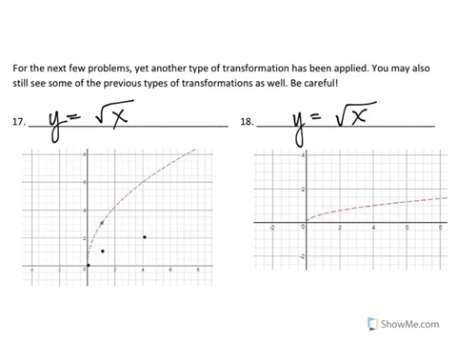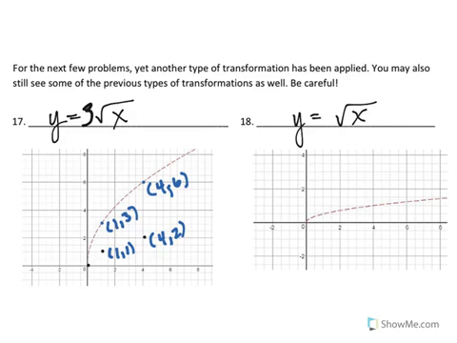And instead of going over 4 and up 2, we're going over 4 and up 6. So if I think about (1, 1) and (4, 2), and then (1, 3) and (4, 6), I can see that my y values have been multiplied by 3. So I'm going to take my function and multiply it by 3, and that will give me my new function. So that is a vertical stretch by a factor of 3.